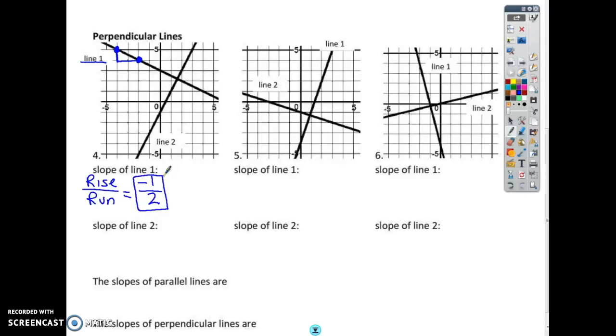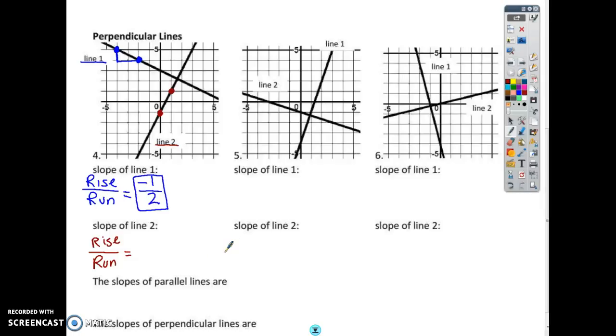Let's do the slope of line 2. Rise over run. And let's pick 2 pretty points. So I'm going to pick this one and this one. Is that a positive or a negative? Positive.